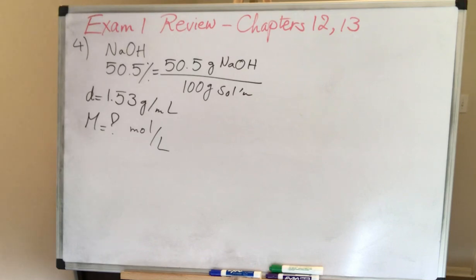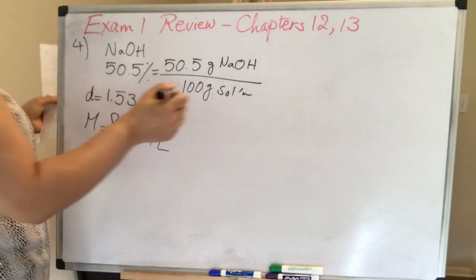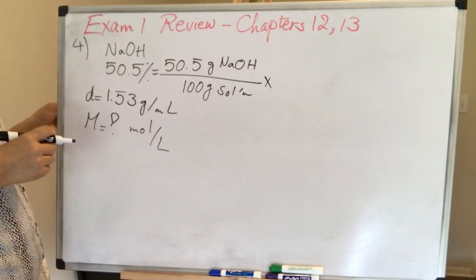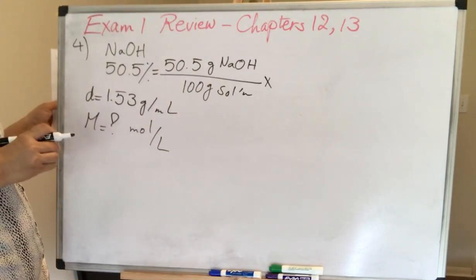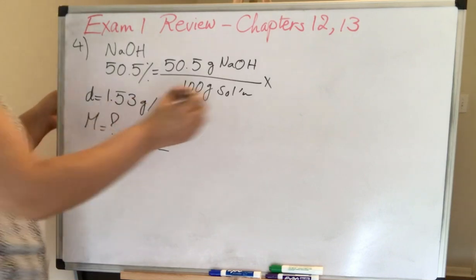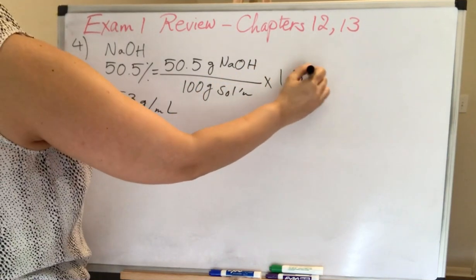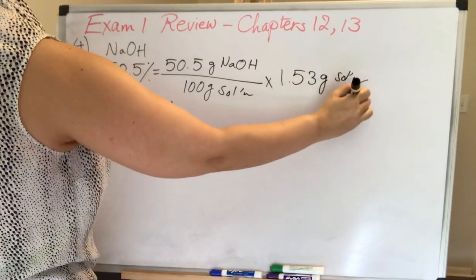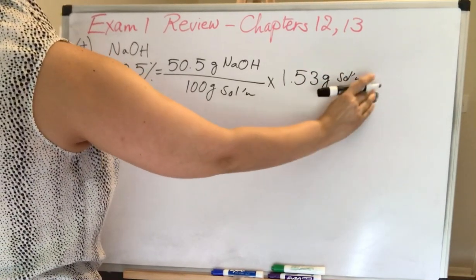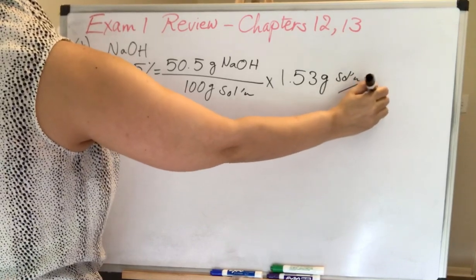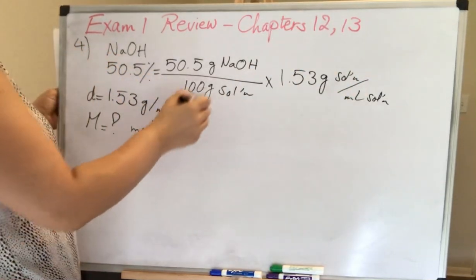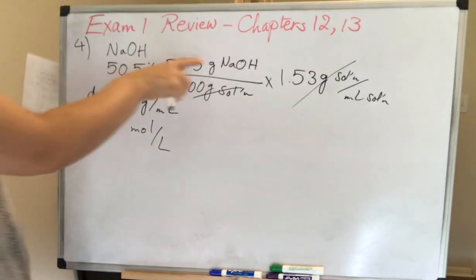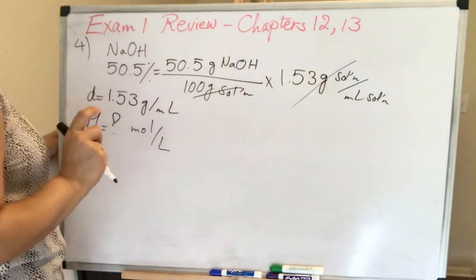So what you would do is that 50.5 grams that you have, you multiply it by the density, 1.53 grams of, these are for solution, right? Per milliliter of solution. It's an abbreviated form of solution. So grams of solution with grams of solution will be canceled. You will have grams of NaOH over milliliters.